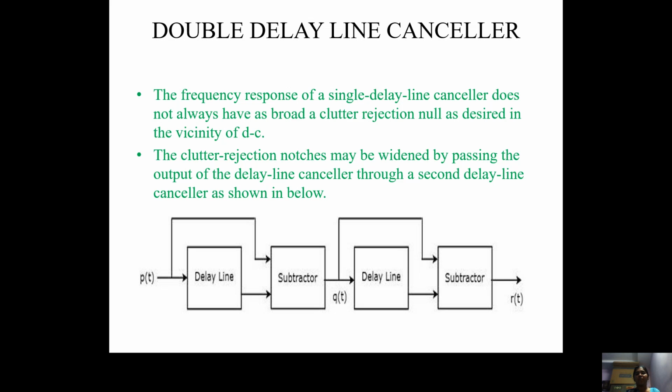Q of T is the output obtained from subtractor 1, and this Q of T is delayed once more and applied to subtractor 2, and at the subtractor output R of T is the difference voltage, which is given to the phase detector.